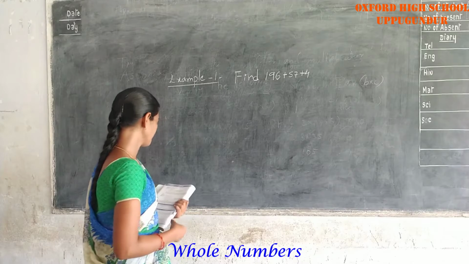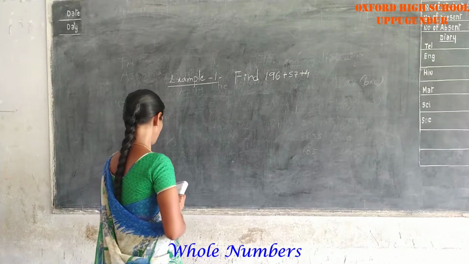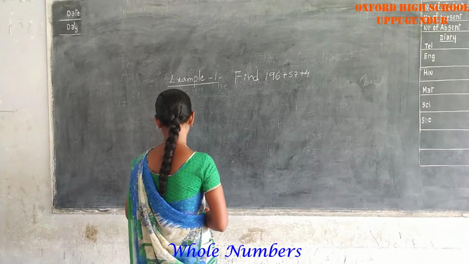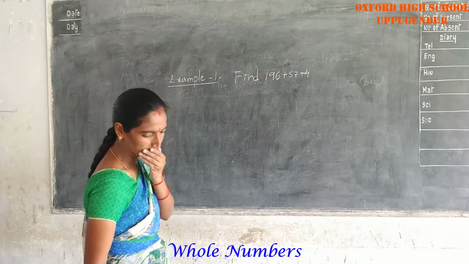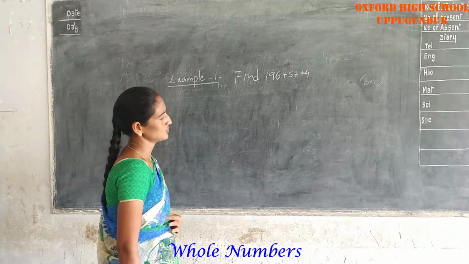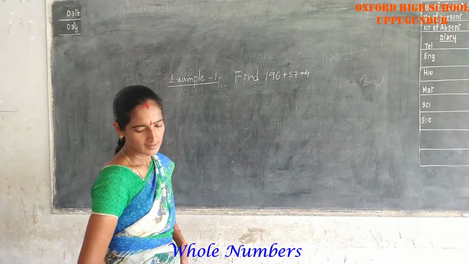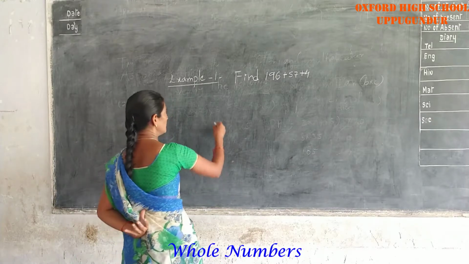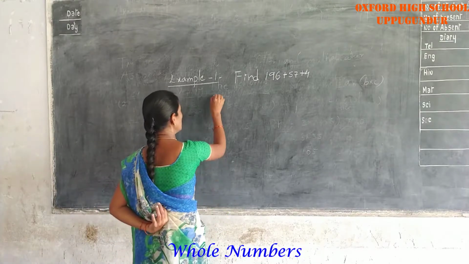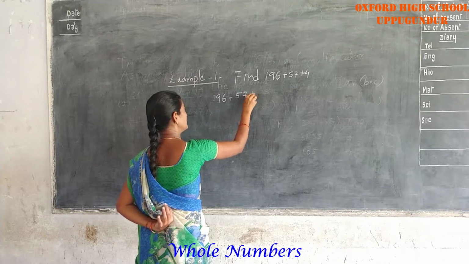Two properties are used here: commutative property and associative property. For example, 196 plus 57 plus 4.